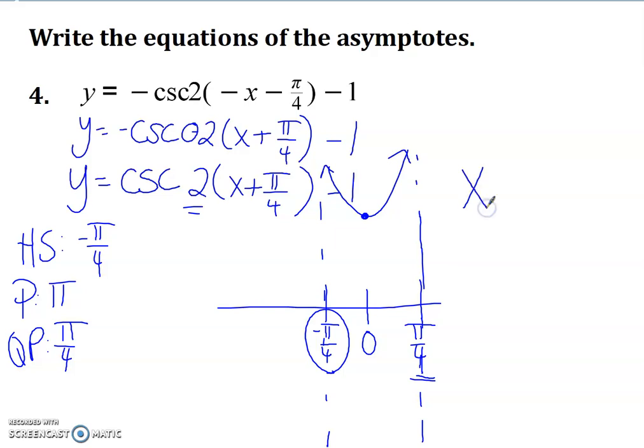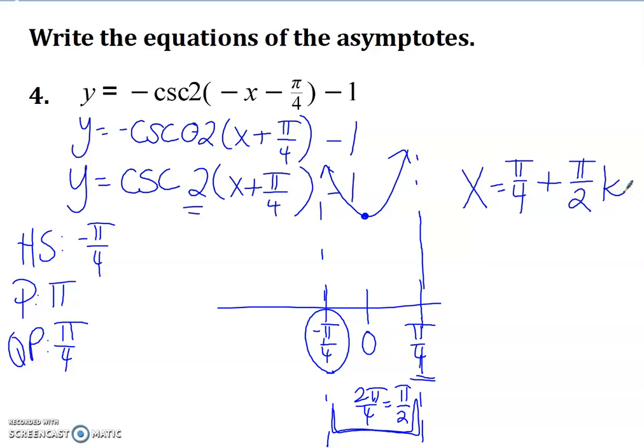You have to write x equals, because these are vertical lines. So I write x equals pi over 4. That's my starting point. And then we have to add the distance between the asymptotes. So the distance between this is 2 pi over 4, which simplifies to pi over 2. So between every asymptote, we have a distance of pi over 2.